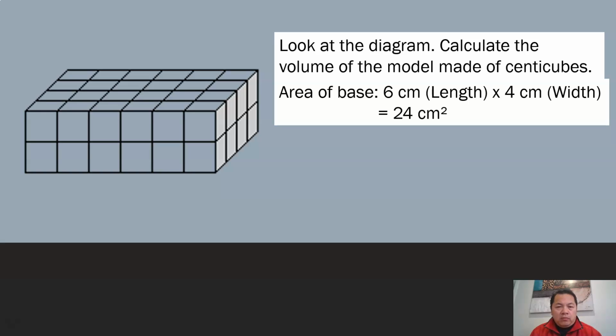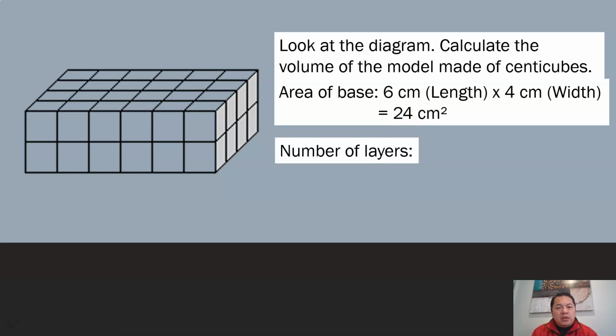Whatever I'm doing is aligned with what you need to do later on. First we need to find the area of base. Let's find the number of cubes along the length. There are 6 of them, that's why there are 6 cm. And along the width, there are 4 of them, so 4 cm. So the area of base is 24 cm square.